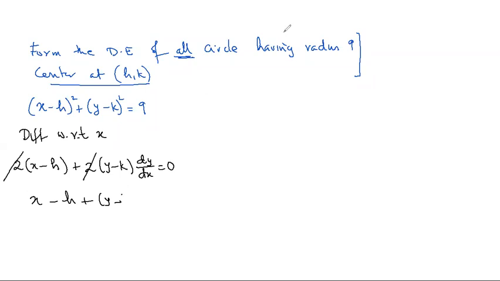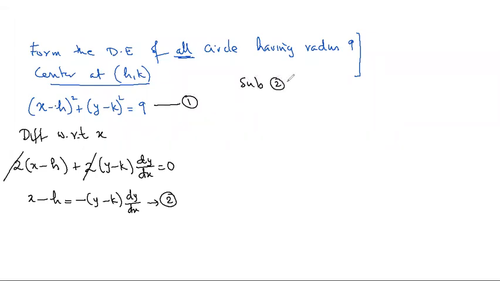Or I'll do one thing. I'll change my method. From this, I can say x minus h can be written as minus y minus k into dy by dx. So in place of this, I'll substitute this so that there'll be only one arbitrary constant. This is 1.